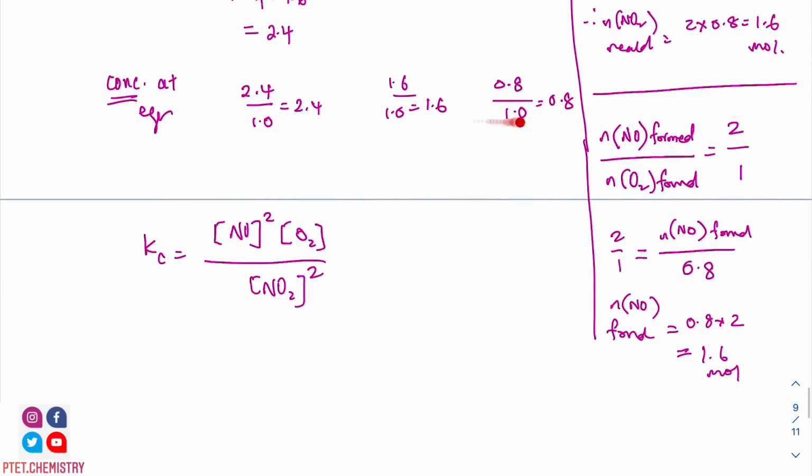Now these are the concentrations at equilibrium. Each one of them represents the concentration at equilibrium. So the Kc for this reaction would just be 1.6, which is the concentration of NO at equilibrium, squared, times 0.8 to the power of 1, and then divided by 2.4 squared. Put that into your calculator.